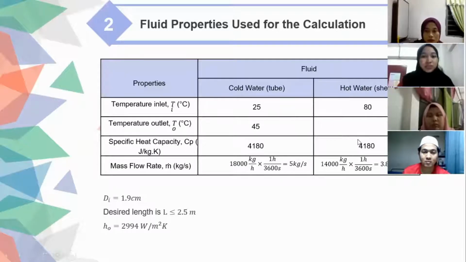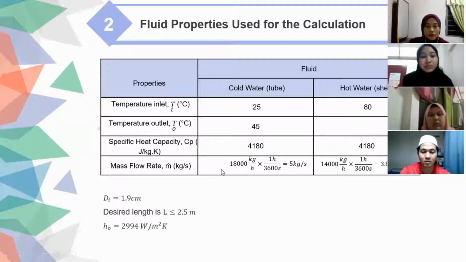So these are the fluid properties used for the calculation. The inlet temperature is 25 for cold water and 80 for hot water. For outlet temperature, the cold water is 45 degrees C and the hot water is to be determined. Next is specific heat capacity. For water, it's 4,180 for both cold and hot water.